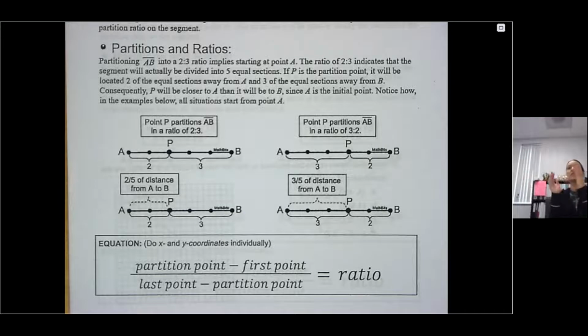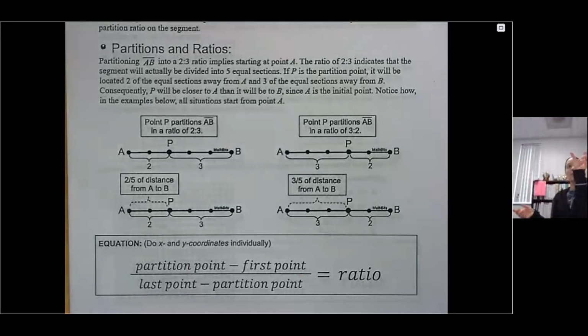It's piece to piece: one piece of the segment to another piece of the segment. If P is the partition point, it will be located 2 of the equal sections away from A and 3 of the equal sections away from B. Consequently, P will be closer to A than to B, since A is the initial point.